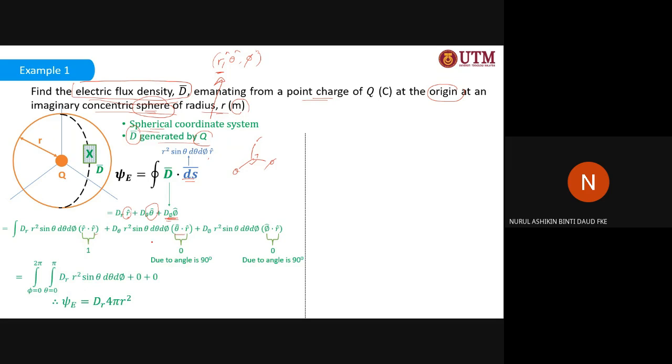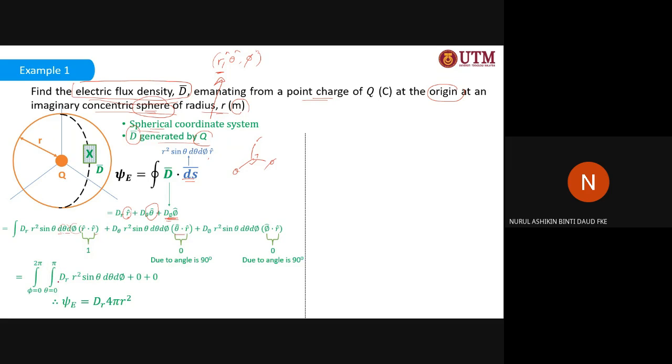So in that case, the second term and third term are 0, and the first term will be left as Dr r squared sine theta d theta d phi. If you look at this first term, there are two variables you need to deal with, theta and phi, so you should solve with double integrations.